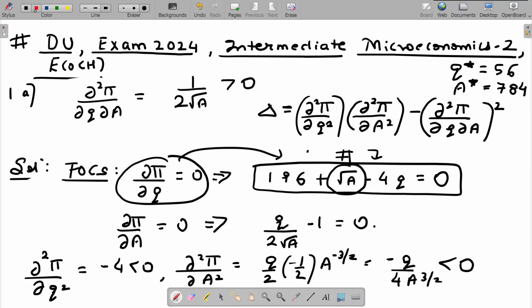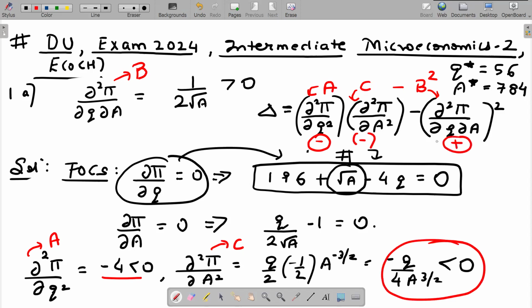Students who have taken my mathematical methods for economics course in the previous semesters very well recall, this is my A, this is my C, and this is my B. The determinant is A into C minus B square. See, this is A, this is C, this is B whole square. And if you see, del square pi by del q square is negative. Del square pi by del a square is also negative, students can see.